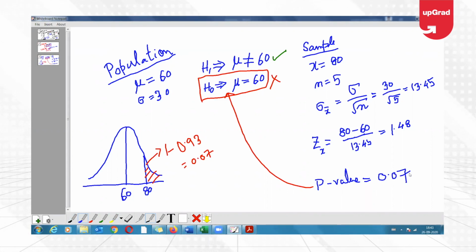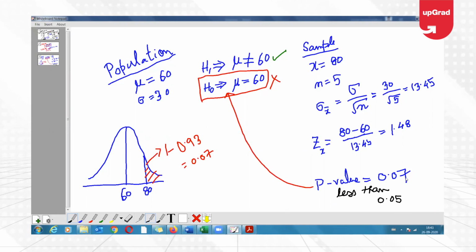Now, for a two-tailed test, so far what we have seen is that for one-tailed test, the p-value has to be less than 0.05. In this case, this is slightly higher. So anyways, I cannot reject the null hypothesis.